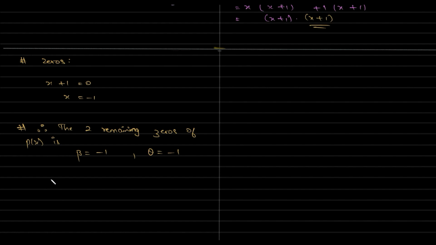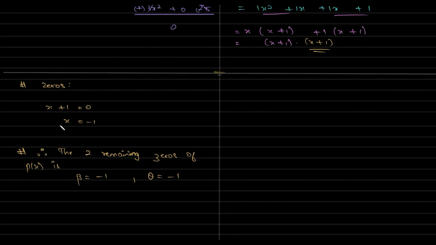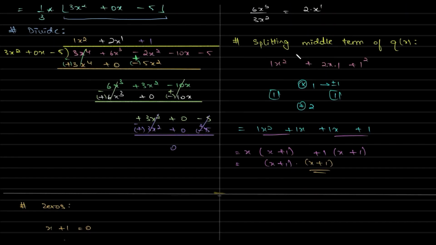So I told you that I'll help you make sense out of what we just did in the start. See, let us go look at this in the reverse order. We have beta to be negative 1, and then we have x being equated to negative 1, and from that I got an expression, and this expression by default is a factor of x, the q of x, is it not?